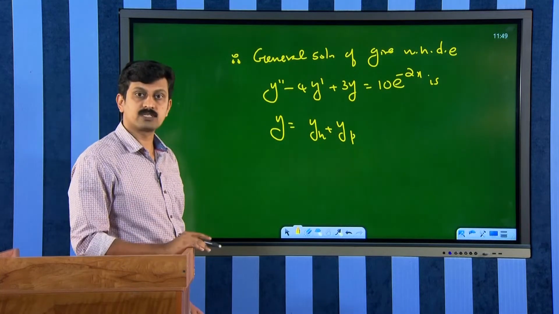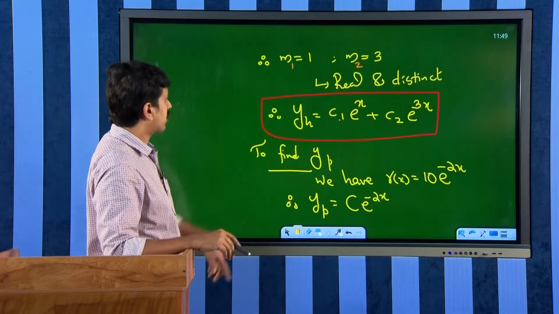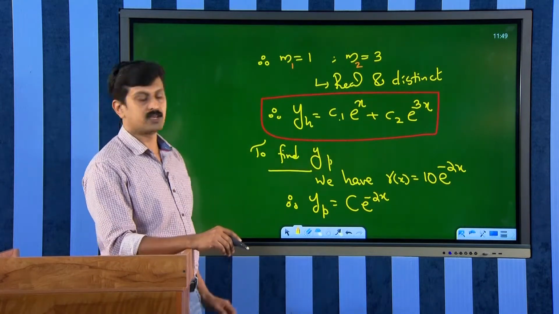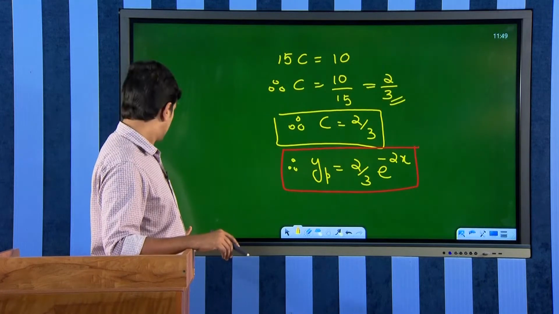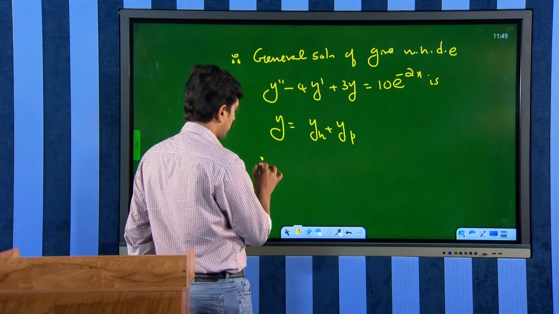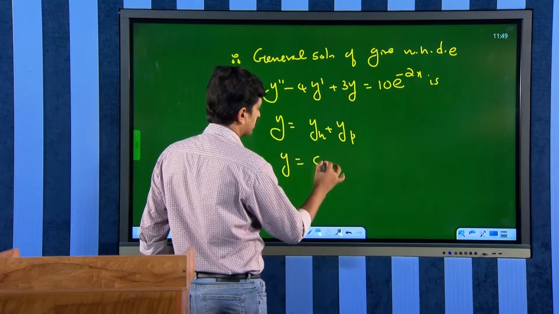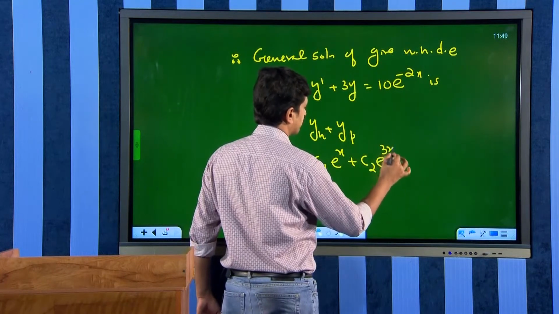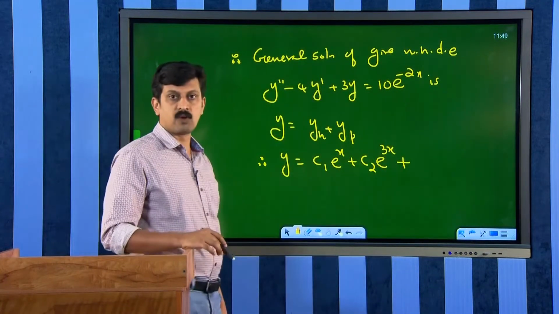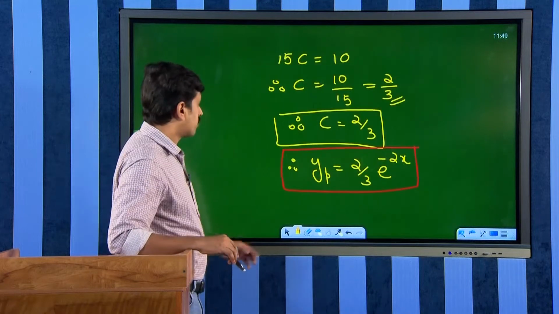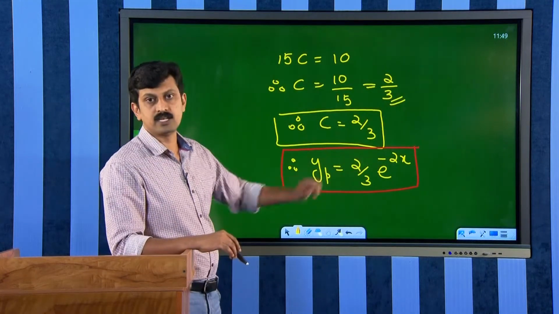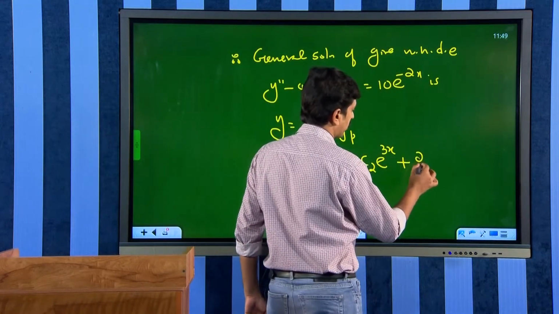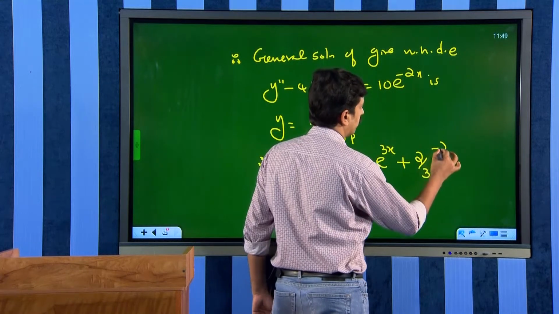We already found yh, dear students. Come back, you have yh is c1 e raised to x plus c2 e raised to 3x. Therefore, y is equal to c1 e raised to x plus c2 e raised to 3x plus yp. And what about yp? yp is 2 by 3 e raised to minus 2x.